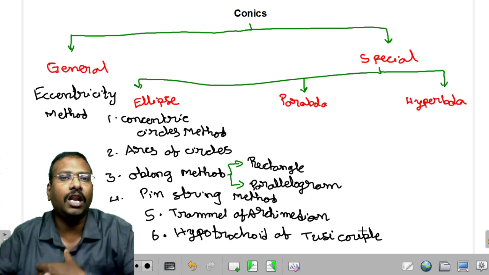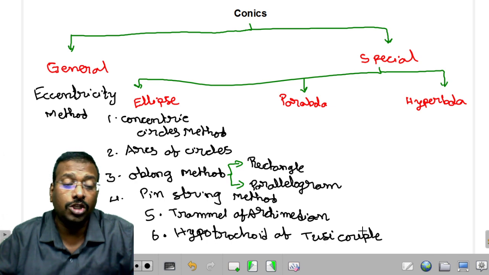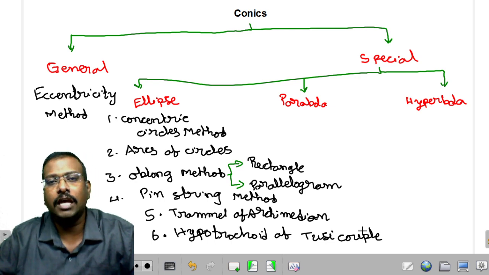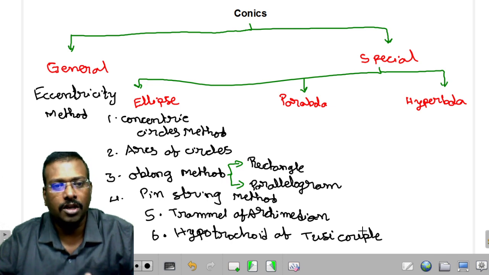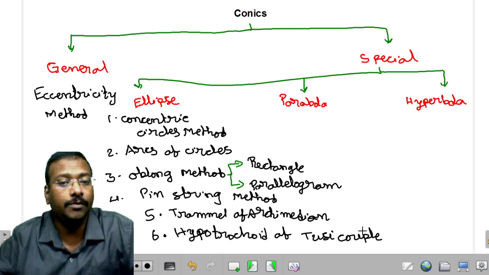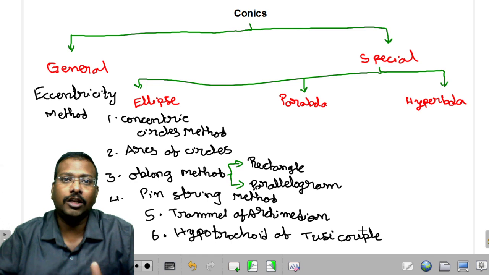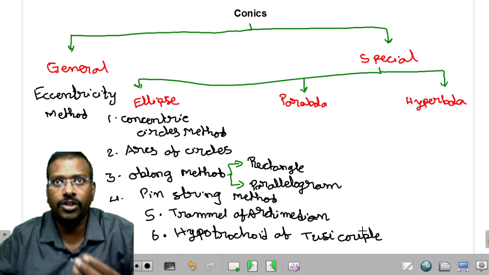But the people attempting competitive examinations may get questions from the pin string method, Trammel of Archimedean principle, as well as hypotrochoid. The concept behind them is required. So after completing the detailed procedure of these 3, in a separate video I will give the concepts involved in the remaining 3, and I will also discuss what type of conceptual questions we can expect from the first 3.